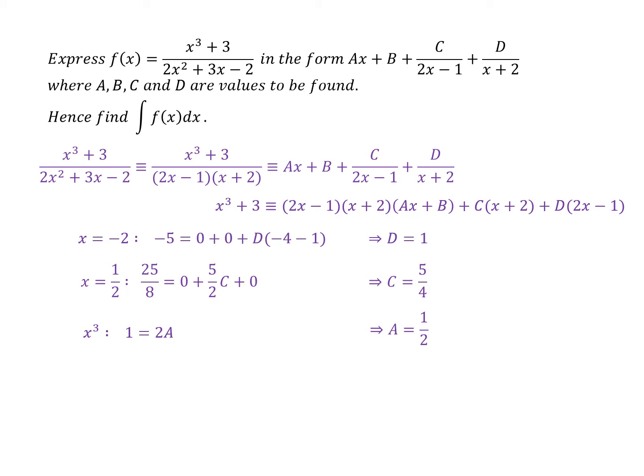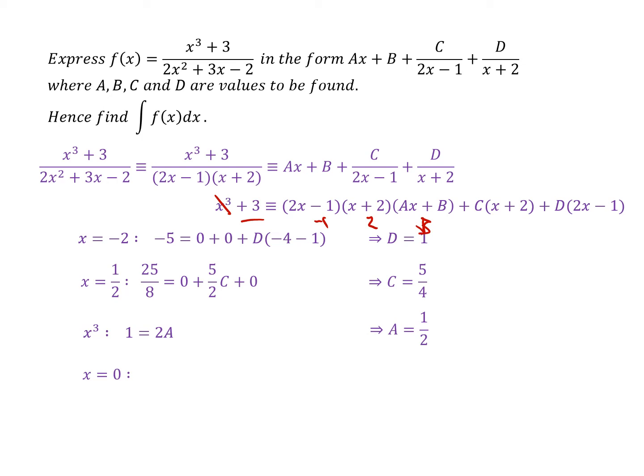Okay, so I've got a range of different possibilities that I might use to find b. For me, the one I've chosen is to use another value, x equals 0, substitute that in everywhere, and then that becomes 0, so I'm left with 3 here, and then this is minus 1, 2, and then b, so that would be minus 2b.